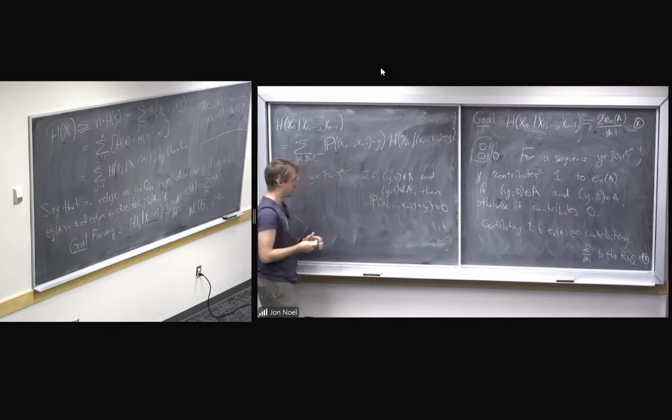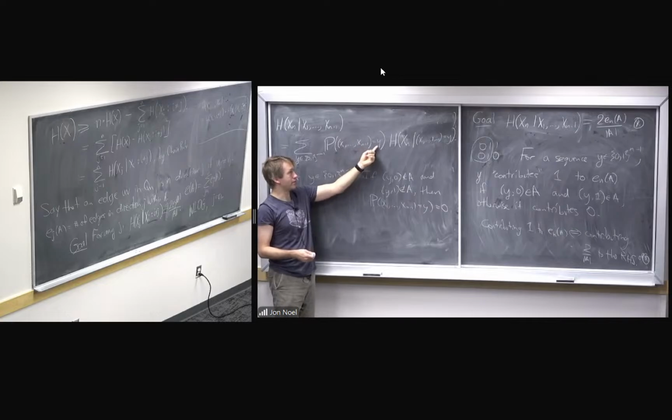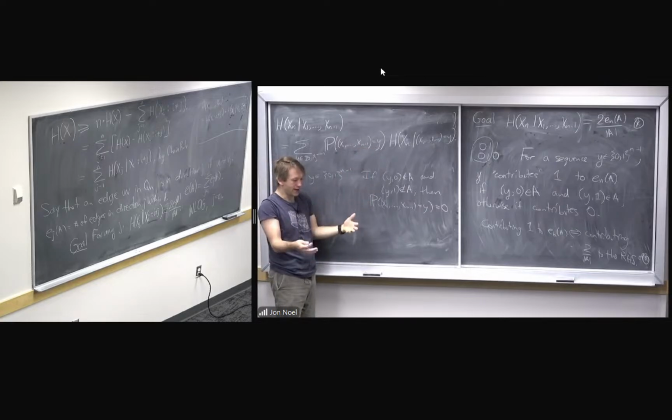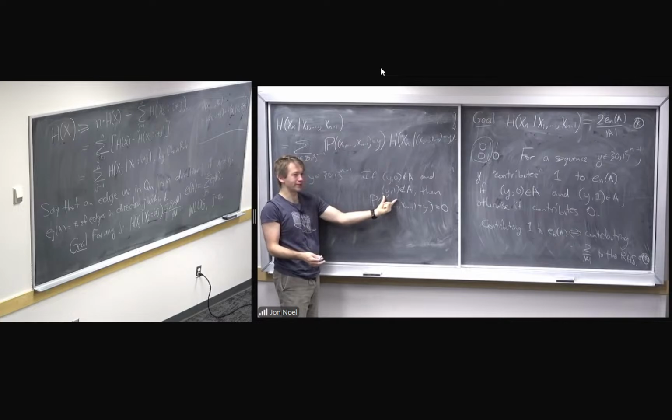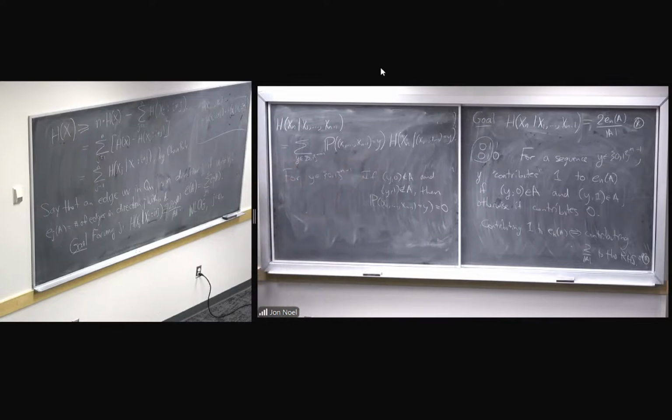This requires thinking about what the original distribution was. I picked a random vertex of A, and x1 up to xn was that sequence. The only way the first n minus 1 coordinates could equal y is if the thing I chose was either y,0 or y,1. If it couldn't have been either of them, then this sequence cannot equal y. So in this case, the contribution is 0.